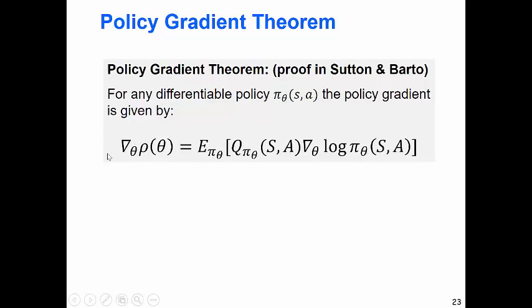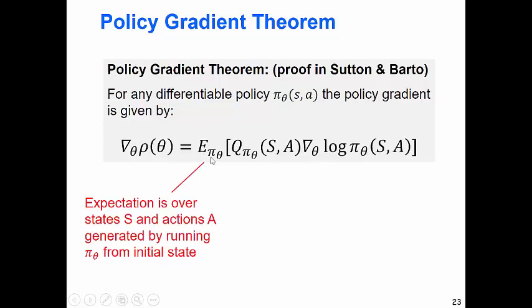This is what we're after, and the policy gradient theorem tells you exactly what this is in terms of a couple of things here. Let's try to break this apart. This is an expectation, and what is it an expectation over? The random variables here are S and A, where S is a state and A is an action.